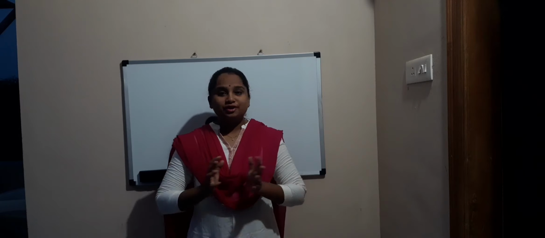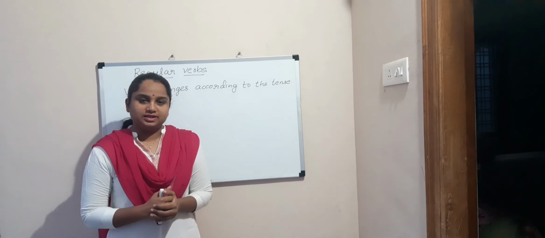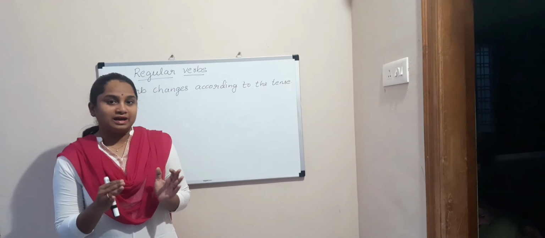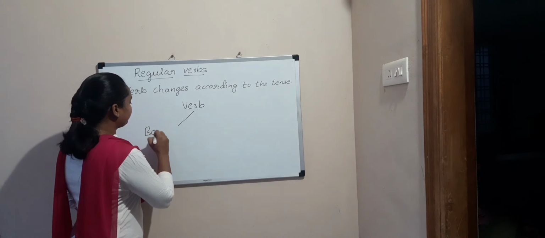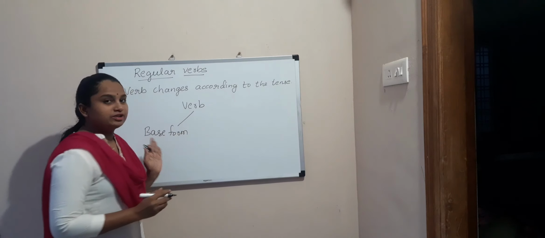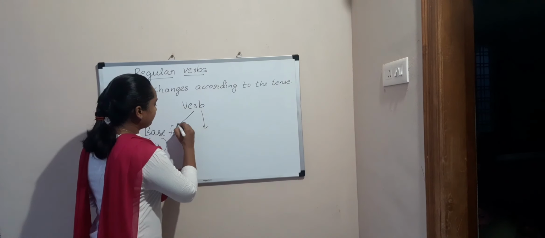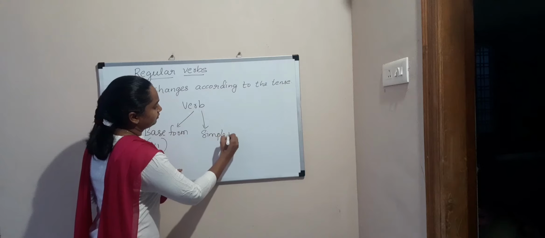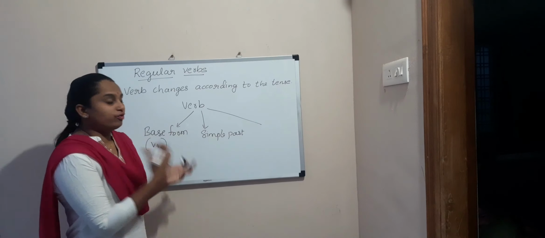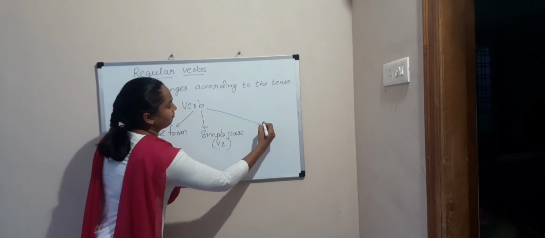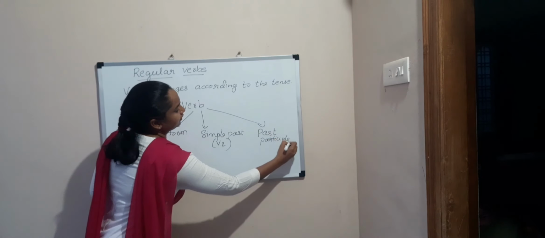In this video, we are going to learn about regular verbs. As we all know, the verb changes according to the tense and a verb has three forms: base form, which is the present form and we also call it V1, simple past form, which we also call V2, and past participle, which is V3.